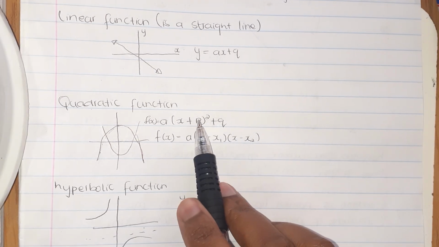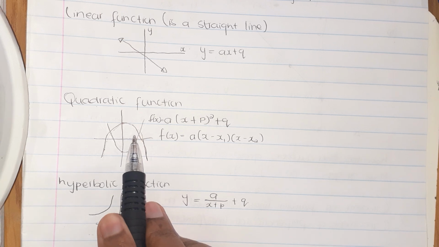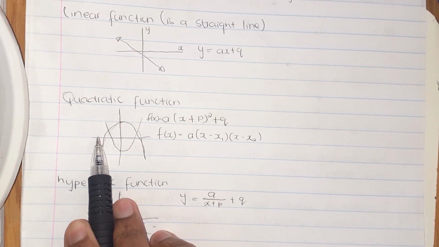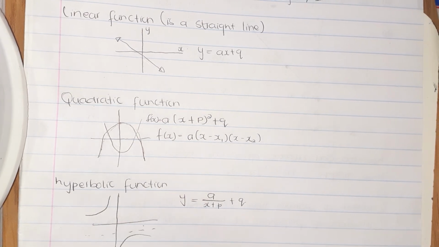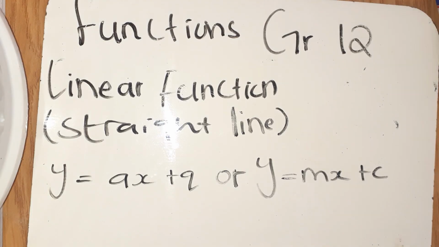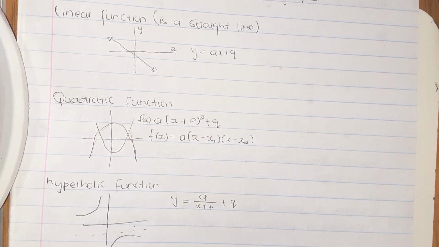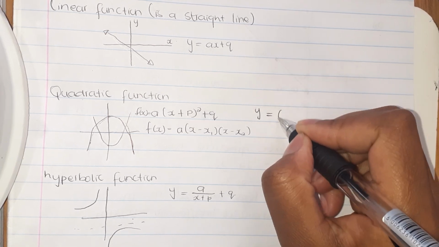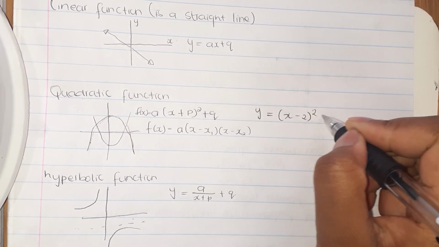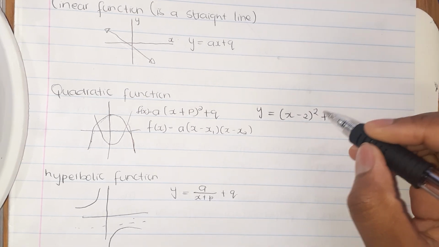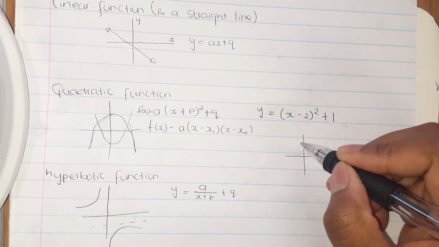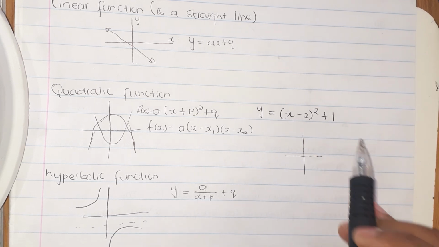So with this p, the graph has shifted from where it is supposed to be, 3 units to the left or 3 units to the right. Let me just draw an equation here. Let's say y equals x minus 2 squared plus 1. So this means that the graph has gone 1 unit up from the origin. This is plus 1.